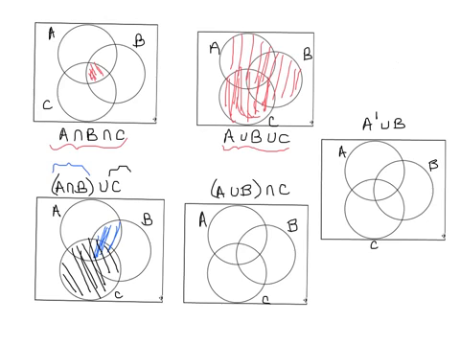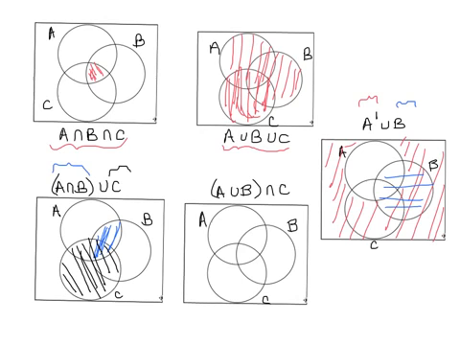We're going to do A complement union B. And again, since it's a union, we do everything in A complement as well as everything in B. So first we can do A complement, and A complement looks like this, as well as now we can do everything in B, and B looks like this. And again, it's the union, so it's everything in both sets, everything in A complement as well as everything in B.